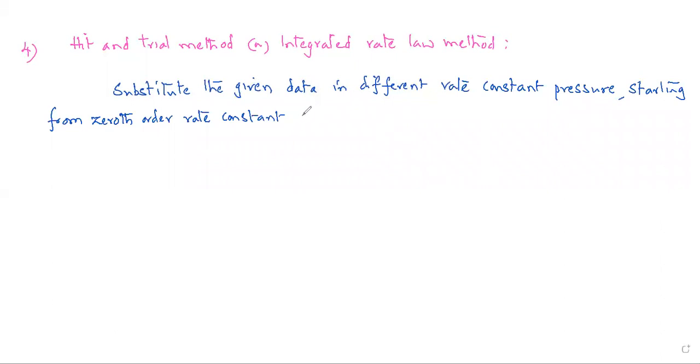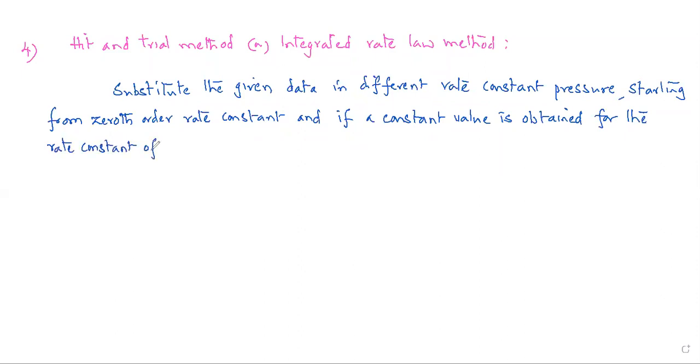If a constant value is obtained for the rate constant of a particular order, then it is confirmed as the order of the reaction.